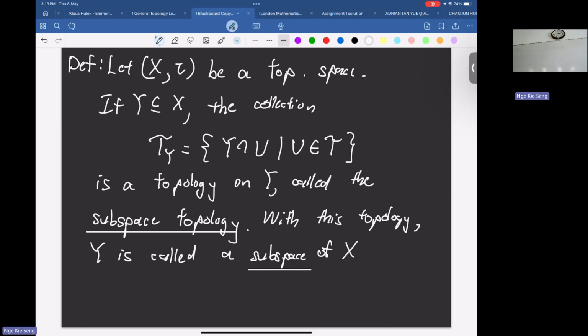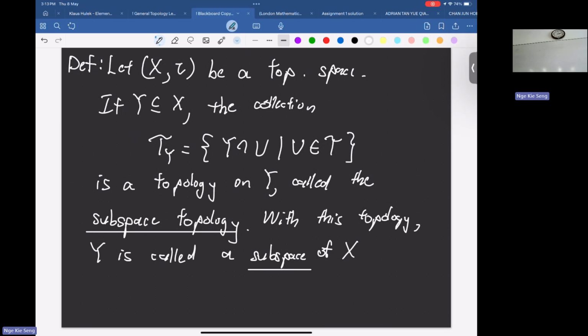We don't know whether the set is a topological space yet, but with this topology tau_Y, we make Y into a topological space, and this topological space is a subspace of X. Why? Because how you declare something in Y to be open really depends on the open sets in X.